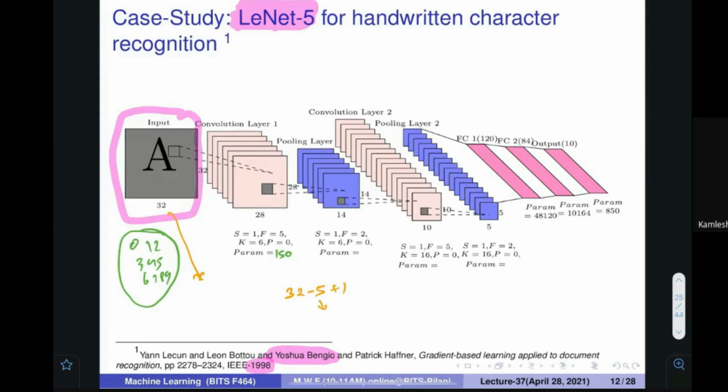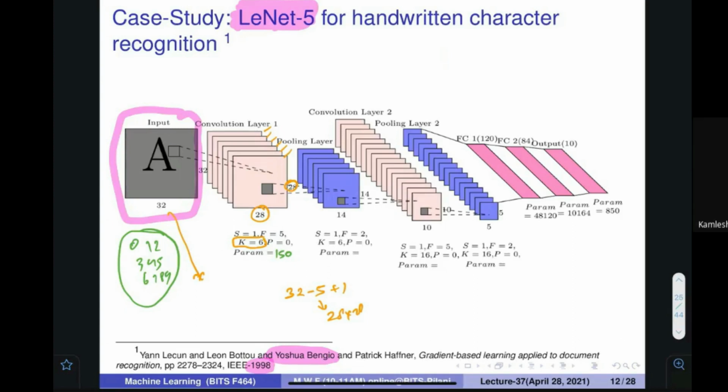What is this value? It is 28 cross 28. So the output is going to be 28 cross 28, and 6 outputs would be there, because every filter gives you one output: 1 2 3 4 5 6. This is the output you are going to get.